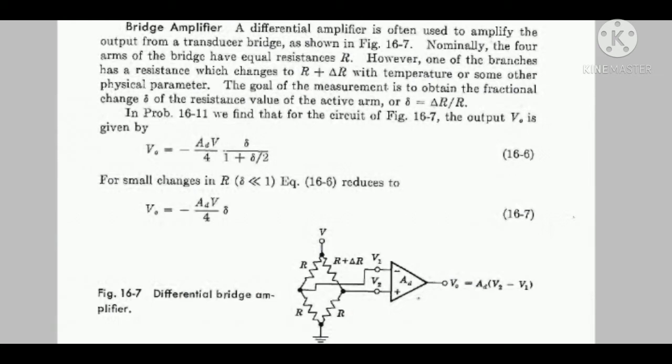16-7. Normally the bridge is balanced, that is the four arms of the bridge have equal resistance R. However, one of the branches may have a resistance which changes to R plus delta R with temperature or some other physical parameter.